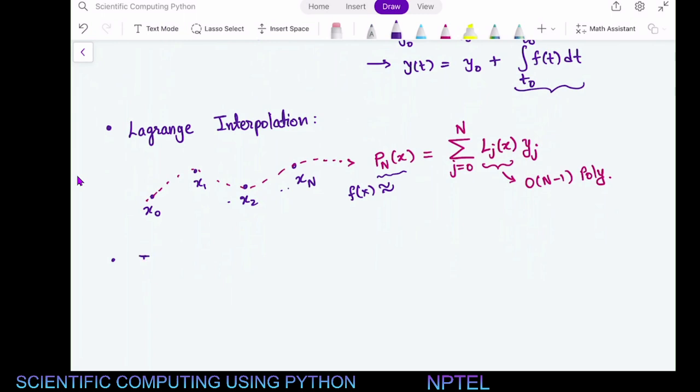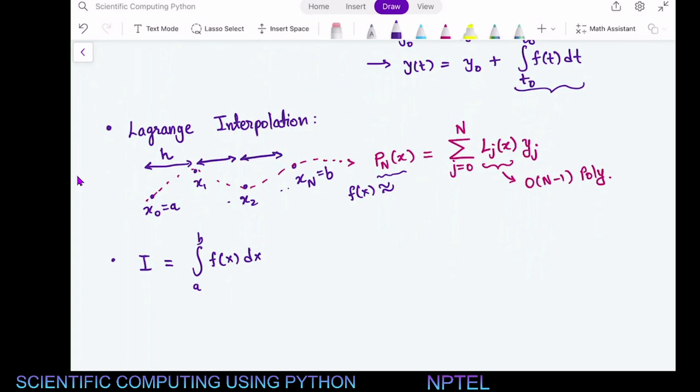So we can write the integral of f(x) dx from some a to b. So this we are calling a, this we are calling b. And this separation between points is called h. And how many separations are there in total?